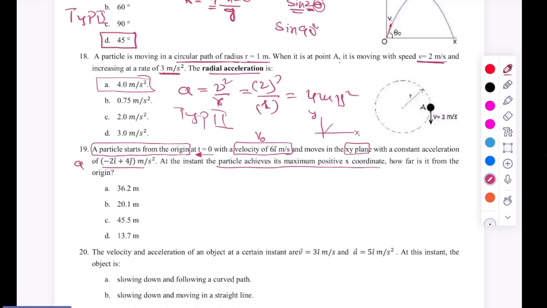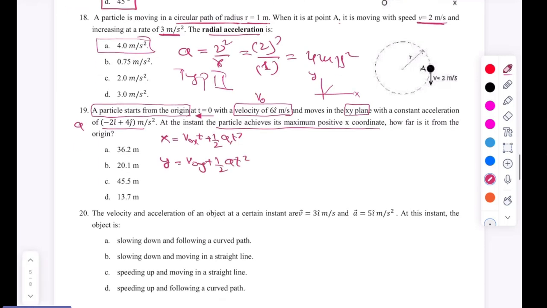So we need to calculate x and y. x is v naught x times t plus 1 half a t squared, and y is v naught y times t plus 1 half a t squared, with ax and ay.